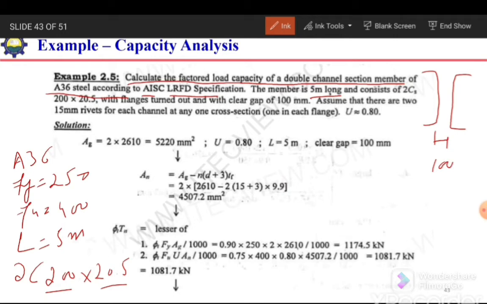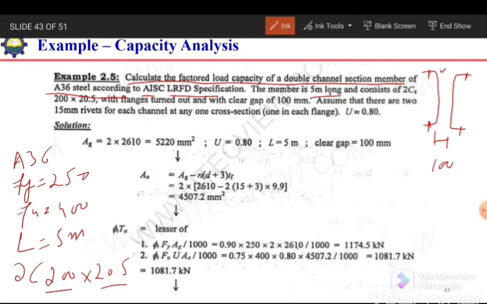Assume that there are two 15 millimeter rivets for each channel at any cross section. So we have one fastener over here, one fastener over here. Two fasteners in each channel, one in each flange. So at any section, in case of the built-up section, we will have 4 fasteners, and if we talk about only one channel, we will have 2 fasteners or 2 holes at any section.